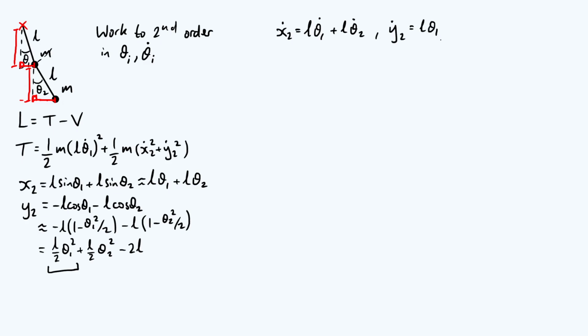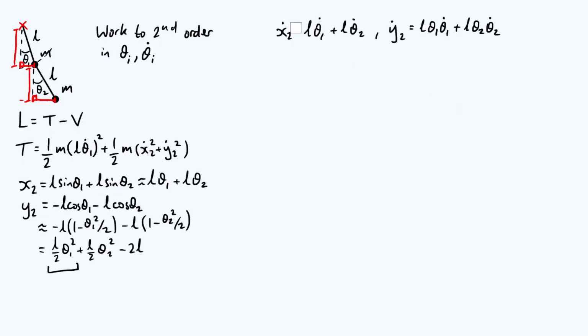Just using the standard power rule. But then from the chain rule, right, we have to multiply that by θ1 dot, because we're really differentiating not with respect to θ1, but with respect to time. Okay, so this extra θ1 dot comes from the chain rule. Then the second term is very similar. That is L θ2 and then θ2 dot. Again, you get this time derivative appearing from the chain rule.